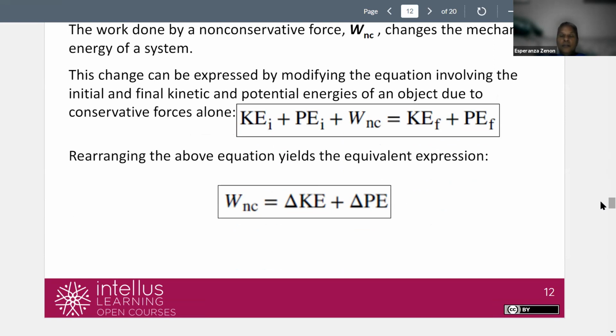On the right side, you will then get the work non-conservative is equal to delta KE plus delta PE. So the change in our kinetic energy plus the change in our potential energy is equal to the work done by our non-conservative forces.